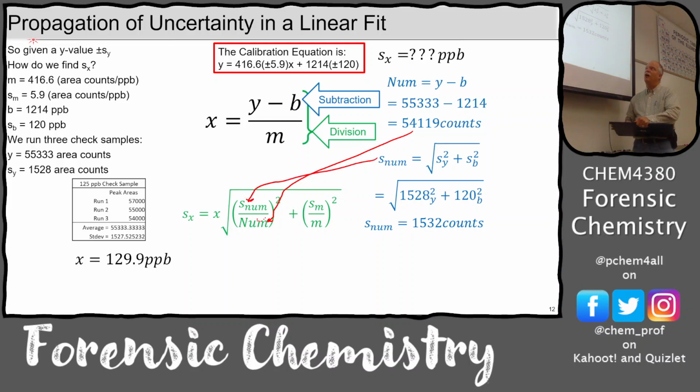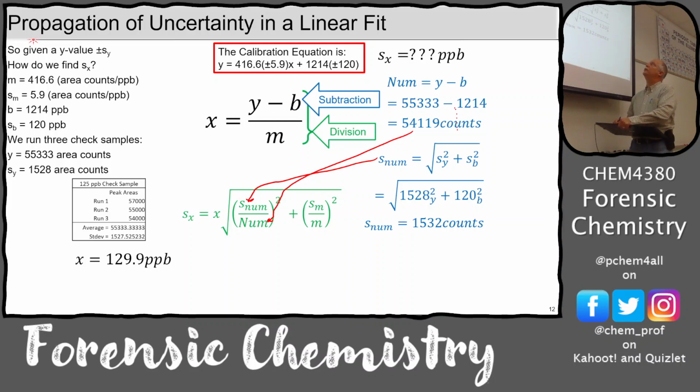What I see most common is people will put in the M and SM here, like the slope and the uncertainty for this. I mean, they'll put B and SB here, which is just a part of the numerator uncertainty. They didn't get the Y piece, and so that's where they messed that up.